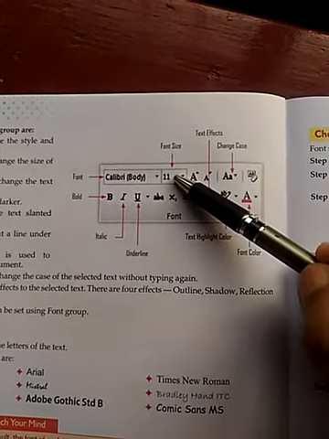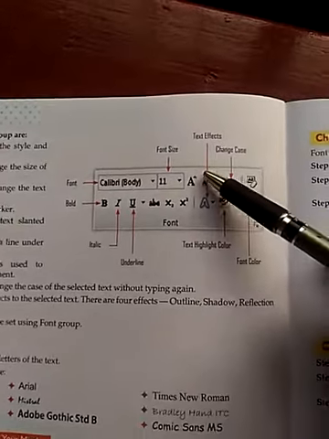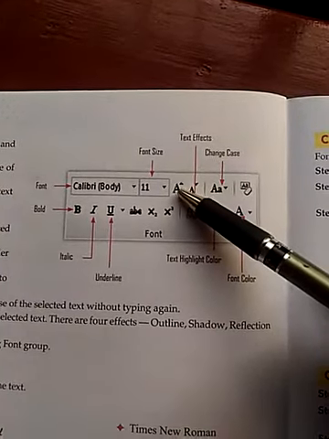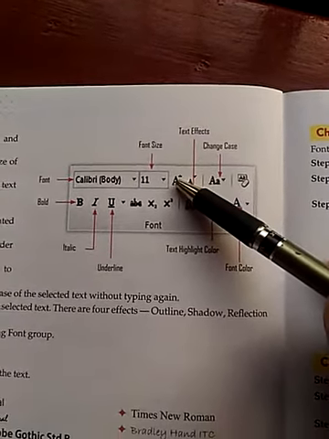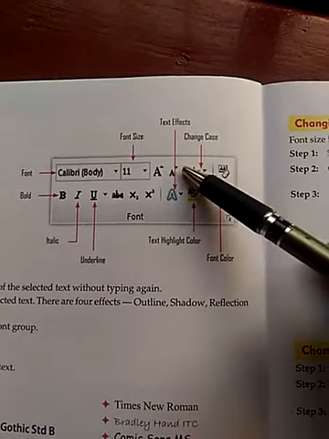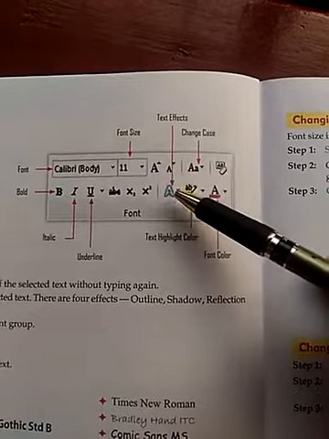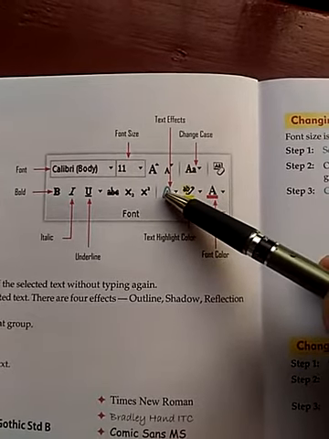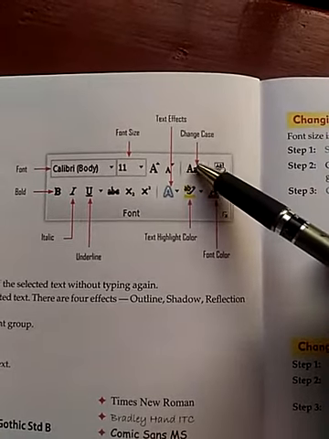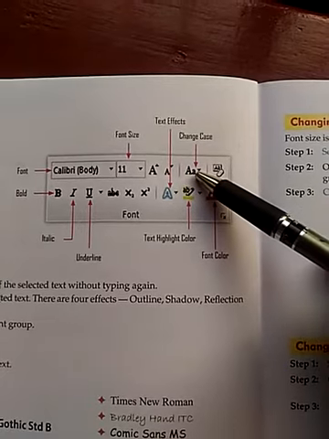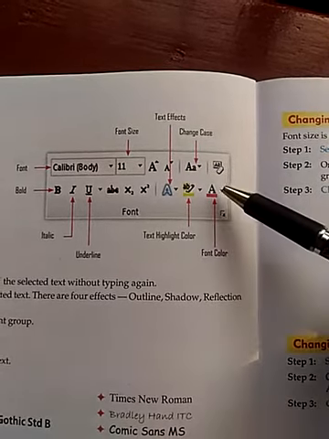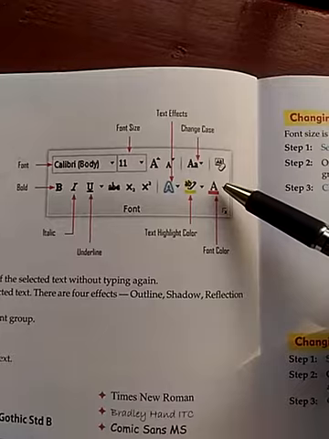This is font size. That is to increase the size of the character by 1. It is to decrease the size of the character by 1. It is to apply text effects. It is to apply change case option. It is for color, font color.